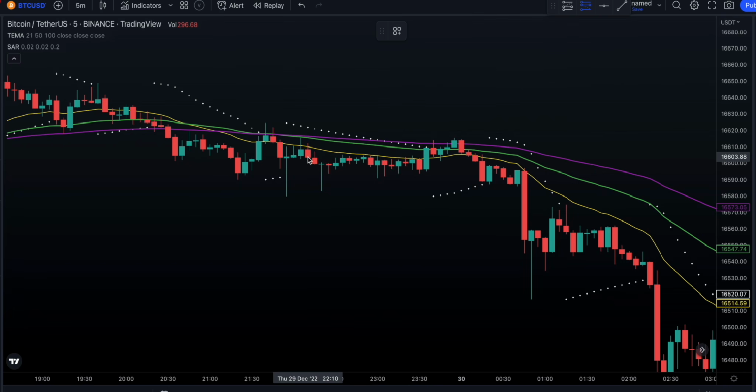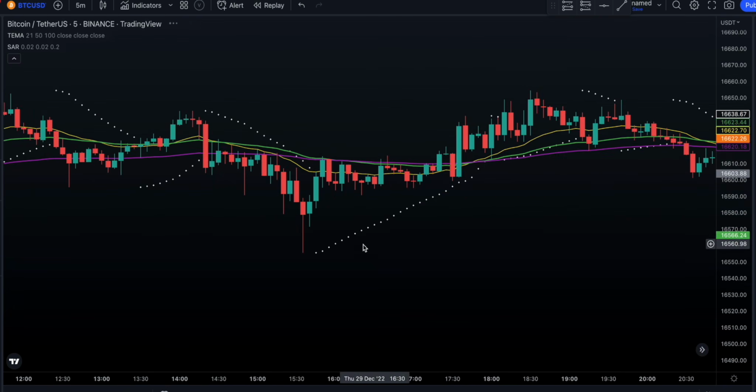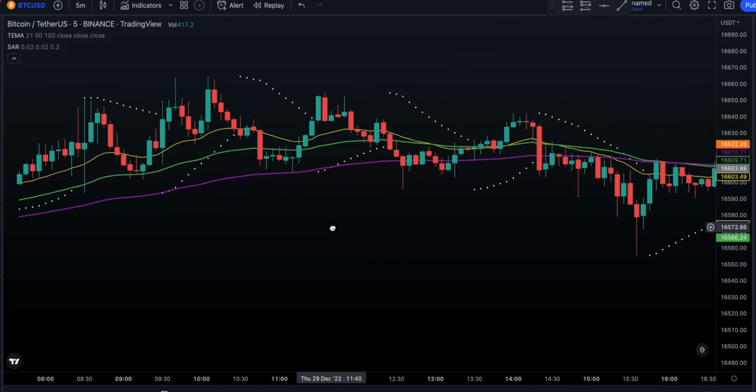You can see for yourself that this method has a really high success ratio. We recommend not risking more than 5% of your account per trade when trading with this strategy.